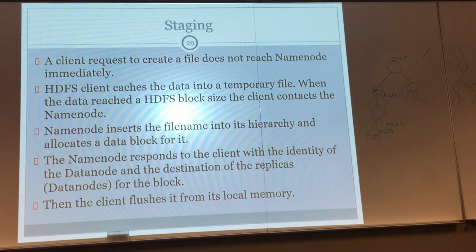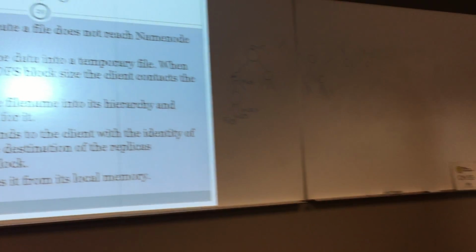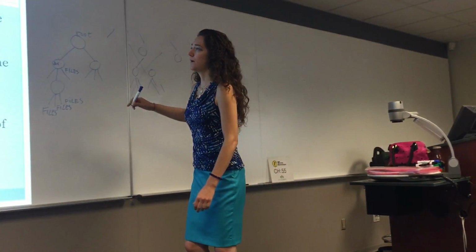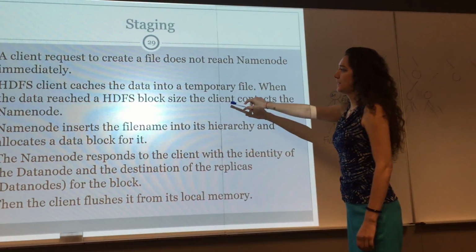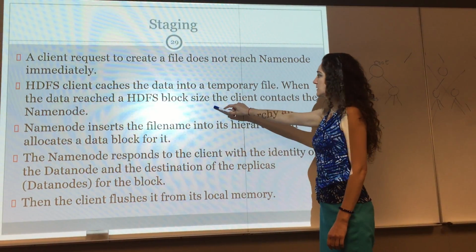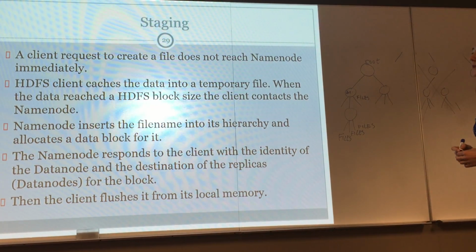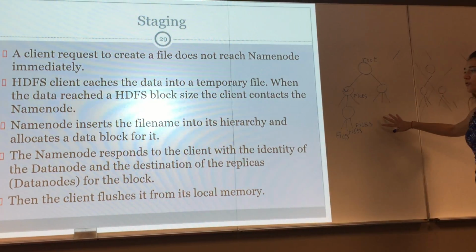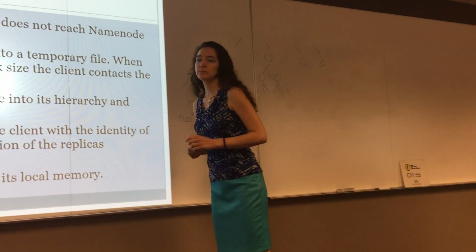So, the staging or pipelining that we have seen earlier. The HDFS client caches the data into a temporary file, and when the data has reached HDFS block size, the client contacts the name node. The name node will insert the file name into its directory structure hierarchy, and it will allocate a data block for it.